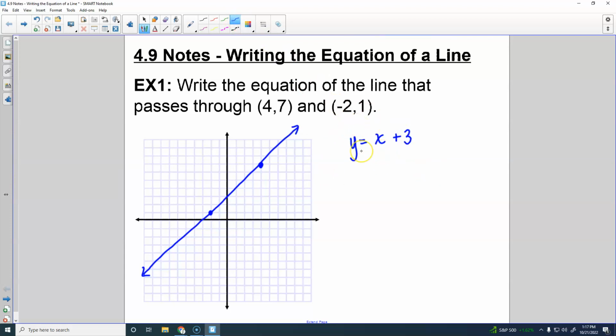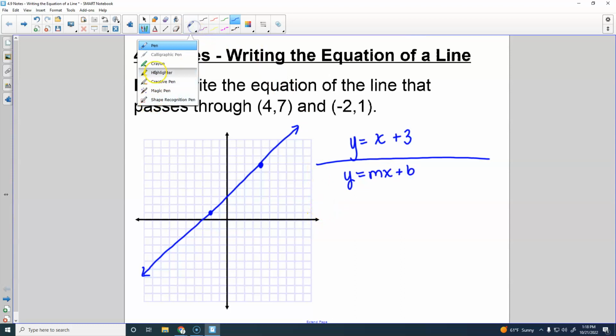So let's think of how to do this algebraically. Certainly graphing is a good option for this, but algebraically, I want us to be able to do it that way as well. If I'm looking at y equals mx plus b, slope-intercept form, I need 2 things. I need a slope, and I need a y-intercept.